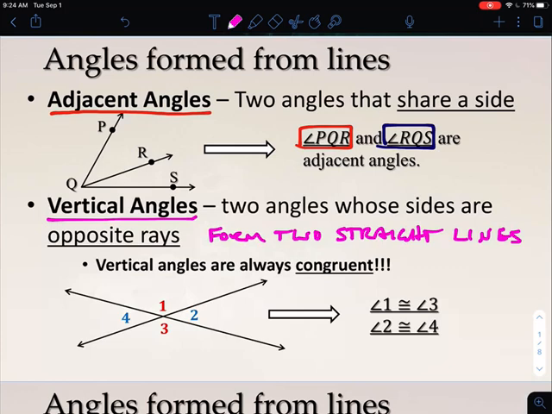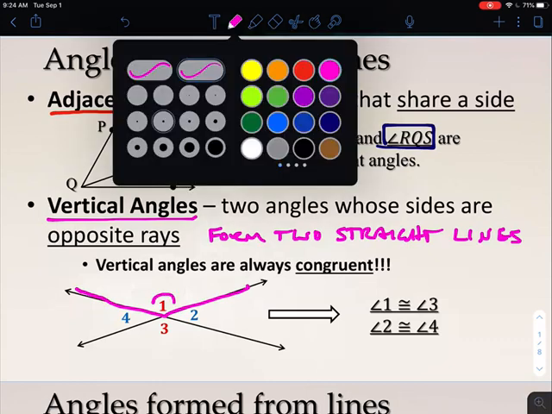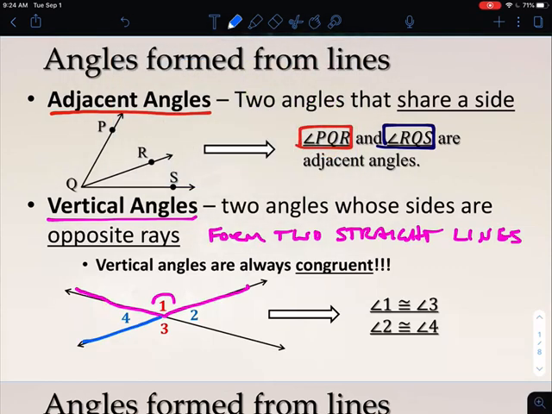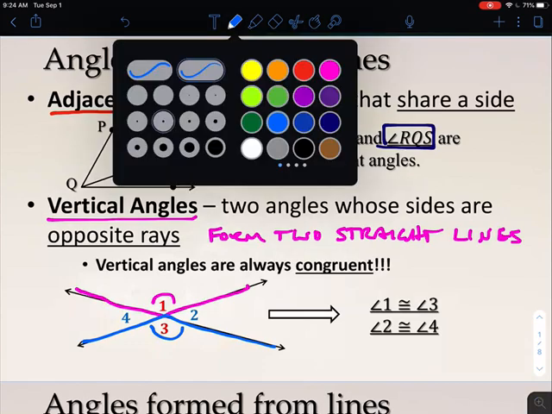Now, the angles themselves are not the lines. Okay, so for instance, on the picture here, I have this angle here, angle 1, and then I have the angle across from it, okay, angle 3 here. Now, when I put those two angles together, you can see both pink and blue here.